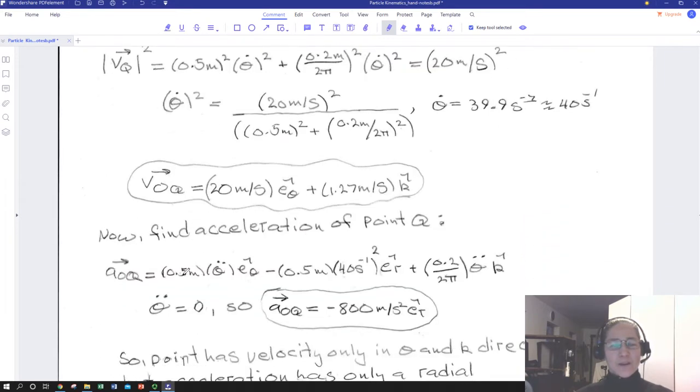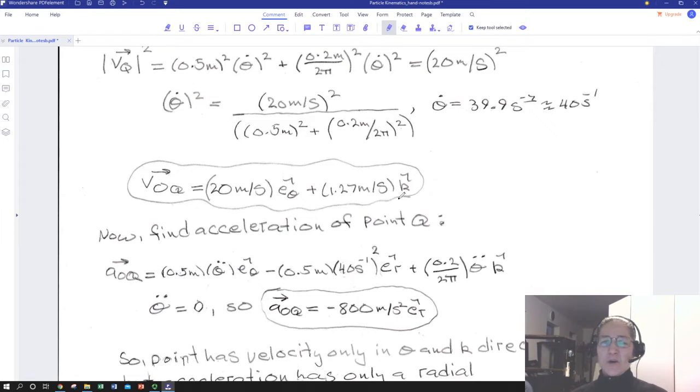So we'll end up with 0.5 meters times theta double dot directed in the theta hat direction. And then we're going to have to subtract effectively the time derivative of theta hat. So that's our r theta dot squared r hat. So that's the next term in our acceleration expression.